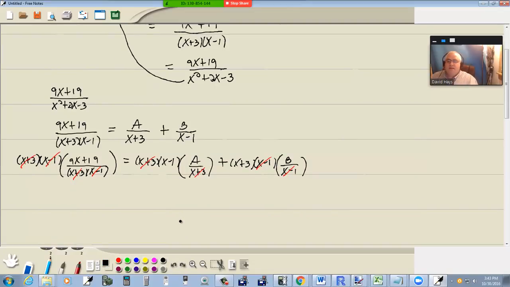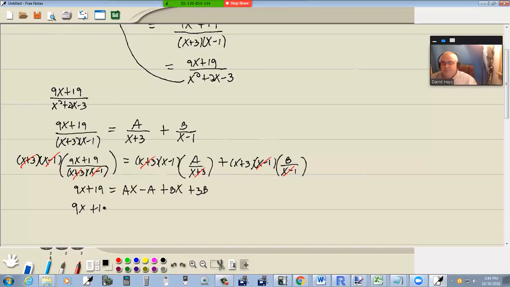So then we're left with 9x plus 19 equals, now multiply this through distributive property, a times x is ax, a times negative 1 is negative a, b times x is bx, and b times 3 is 3b.